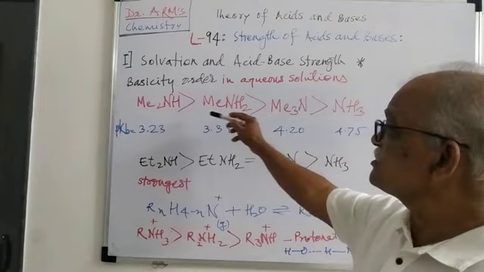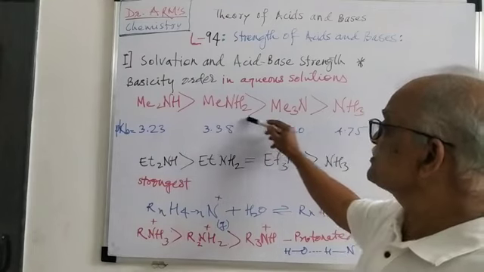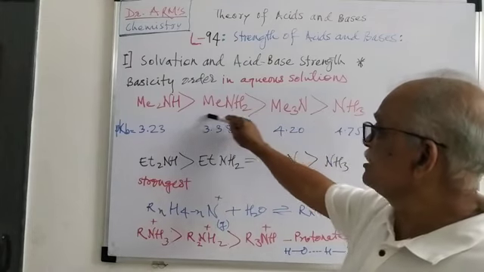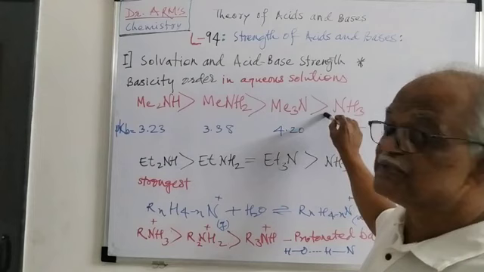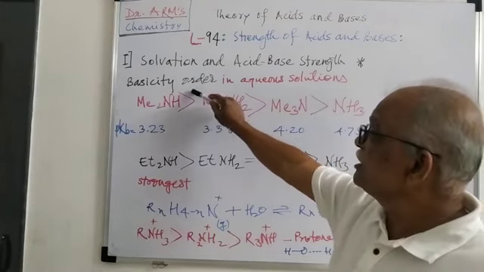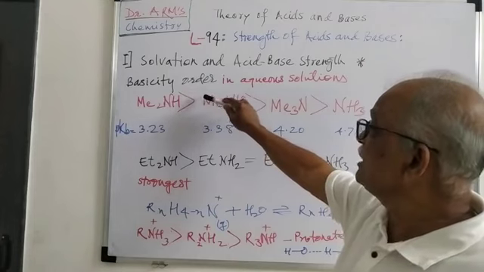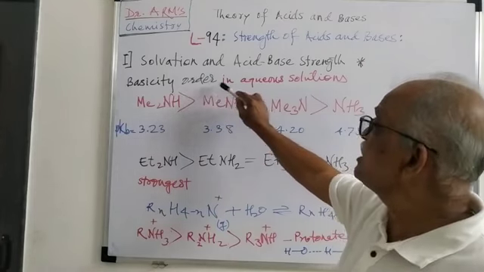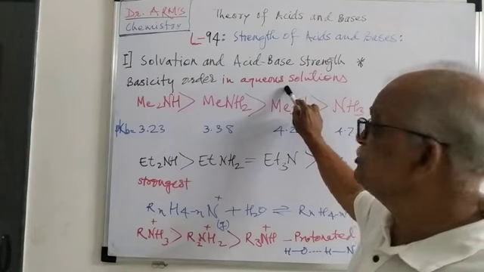So we can get such a series of amines, and the order of these amines indicates which base is stronger or weaker. So this gives the basicity order in aqueous solution.